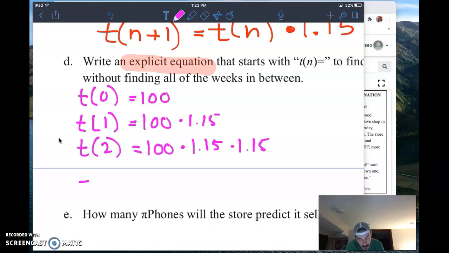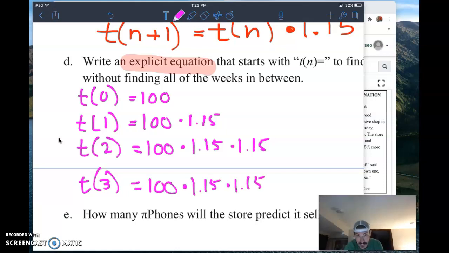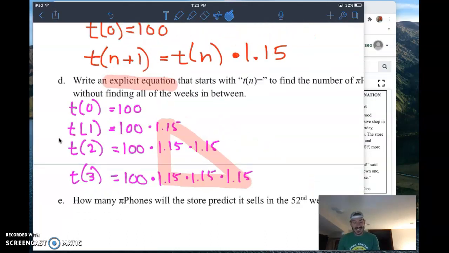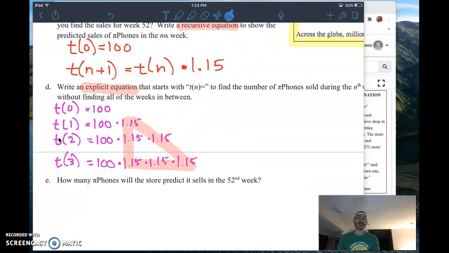One more time. To get the third term, I took where I started, multiplied by 1.15 to get the first term, multiplied by 1.15 again to get the second term, and then I took the second term and multiplied that by 1.15 again to get the third term. Do you see what's happening here? Can you recognize this pattern? I'm repeatedly multiplying by that 1.15, and therein we find our explicit rule.